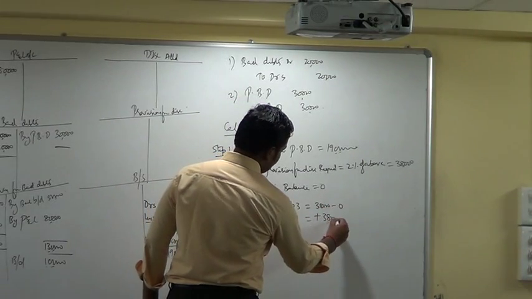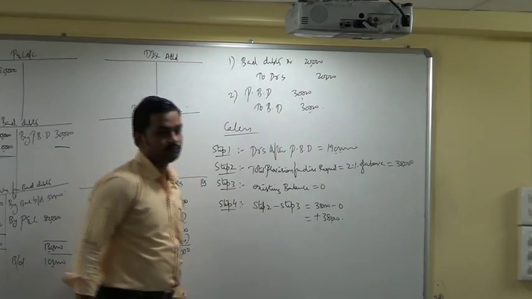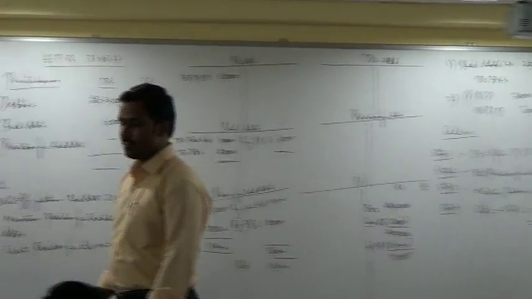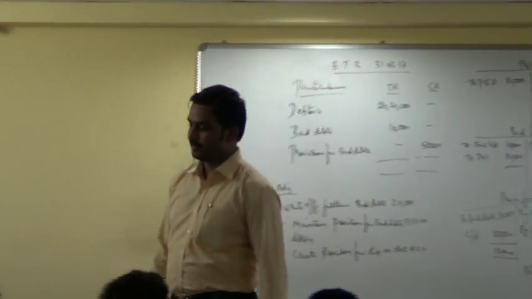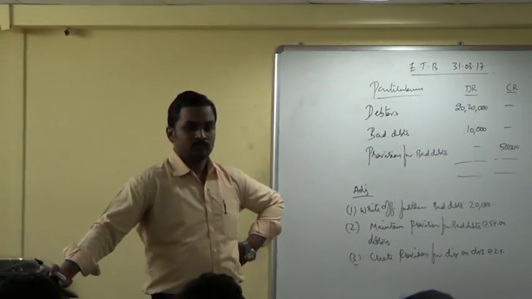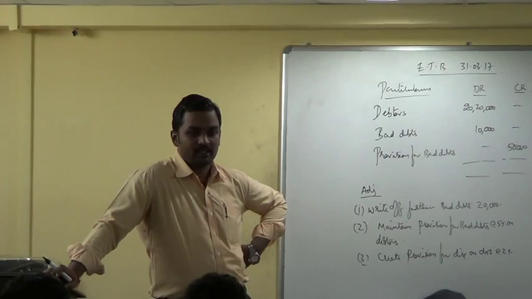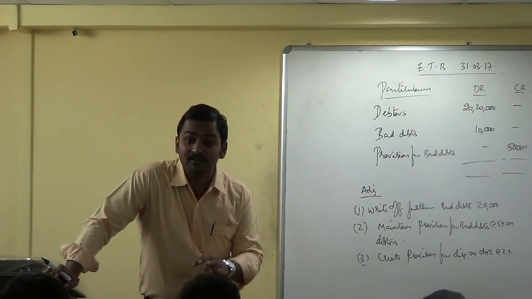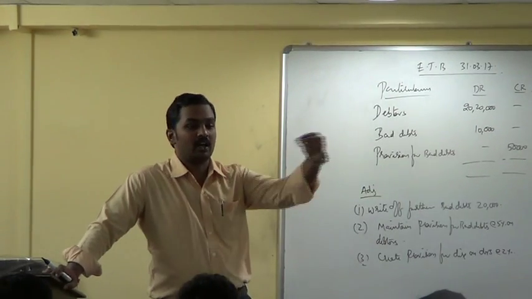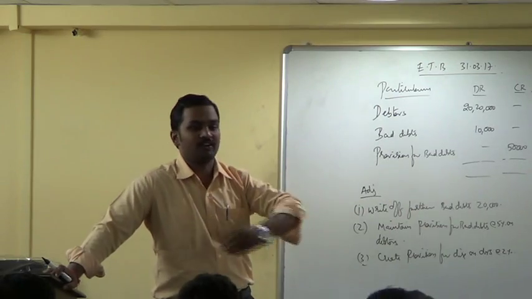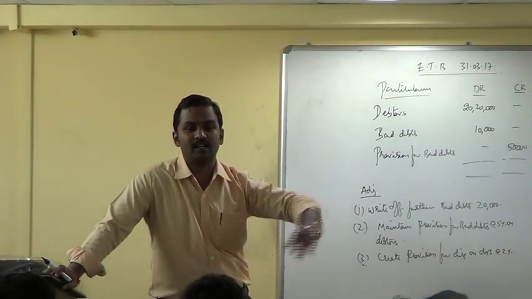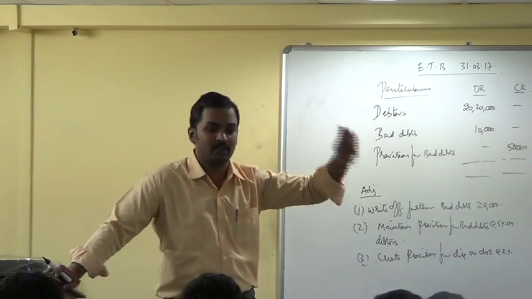It is positive 38,000. So there is a shortfall of 38,000. We expect a loss of 38,000. So out of profits, we have to transfer 38,000 to provision for discount account.